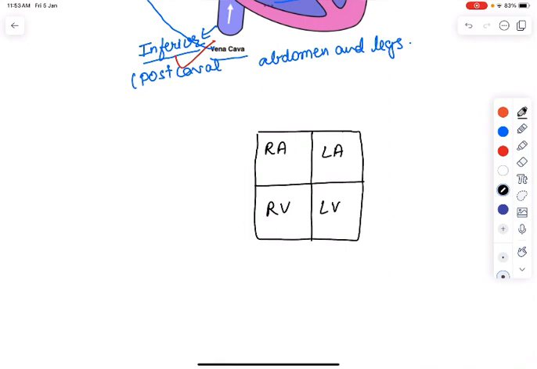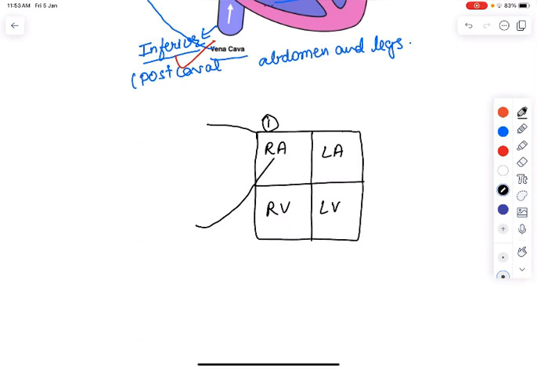What will happen? The blood will come first. The blood will come from superior vena cava and inferior vena cava. The blood will enter into the right auricle.